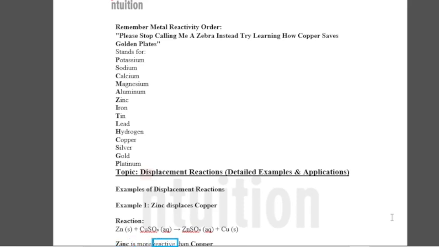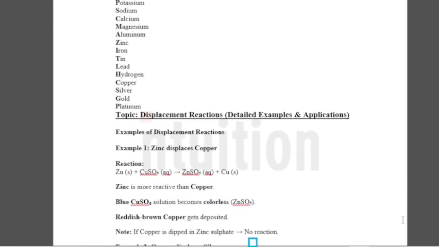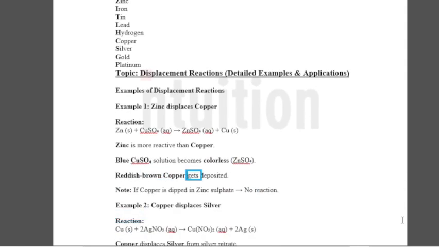Zinc is more reactive than copper. Blue CuSO4 solution becomes colorless as ZnSO4 forms. Reddish brown copper gets deposited. Note: if copper is dipped in zinc sulfate, there is no reaction.